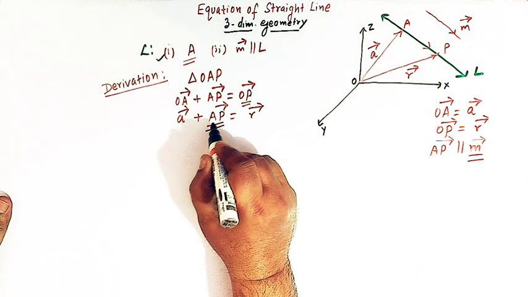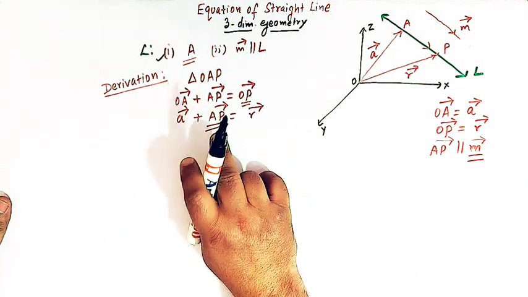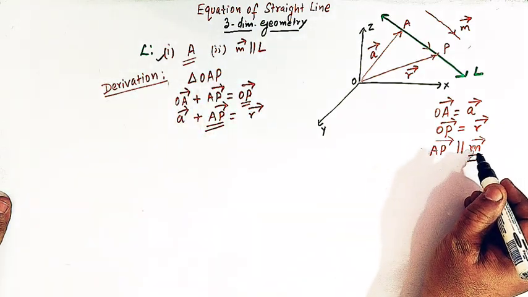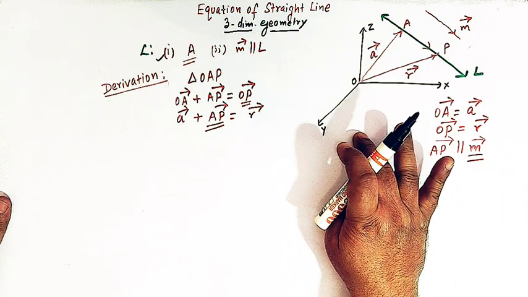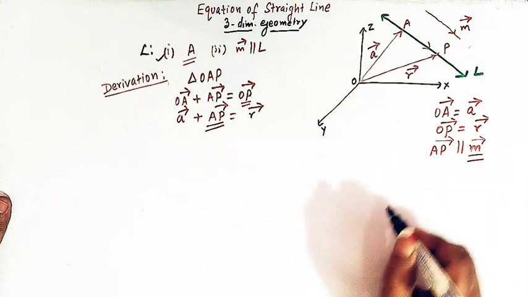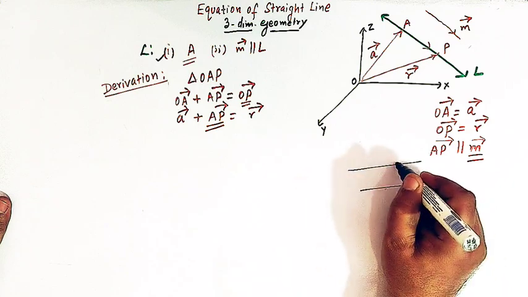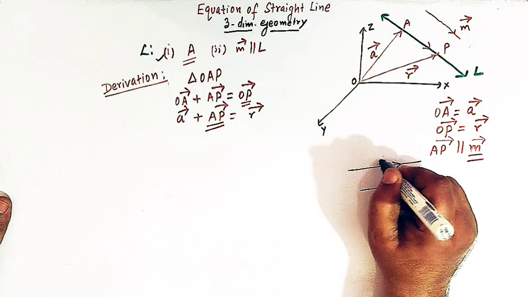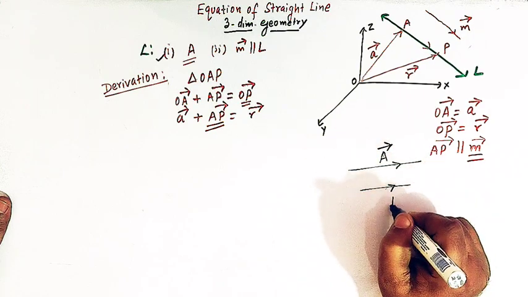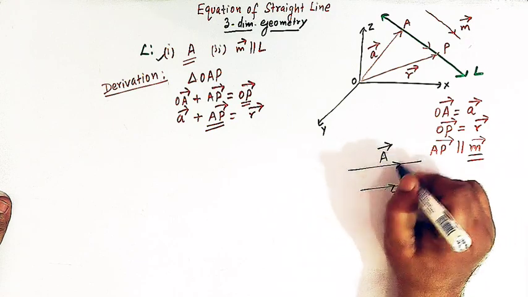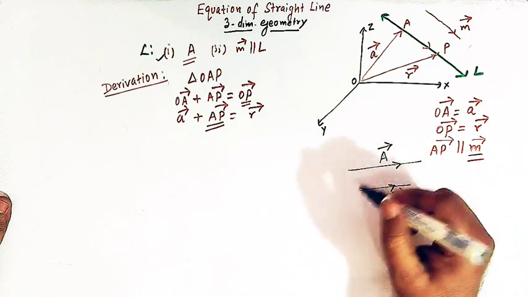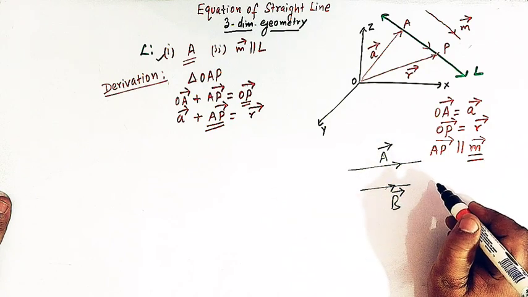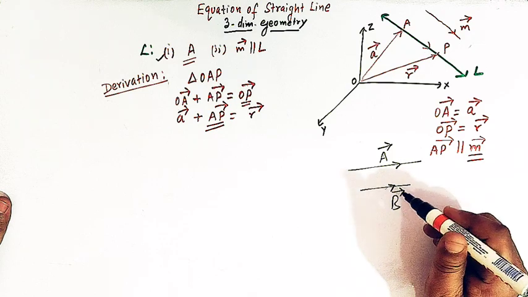Now let us express this vector AP in terms of vector M. Here we'll utilize the concept of parallel vectors. Suppose we have two vectors which are parallel to each other, say vector A and vector B. Then they can be expressed in terms of each other by using scalar multiplication of vectors.